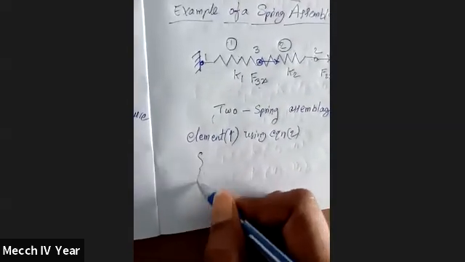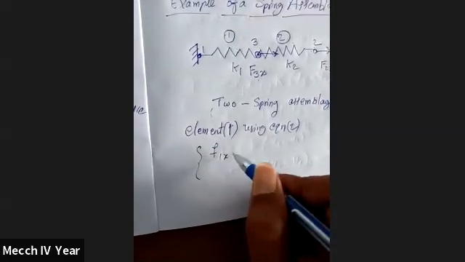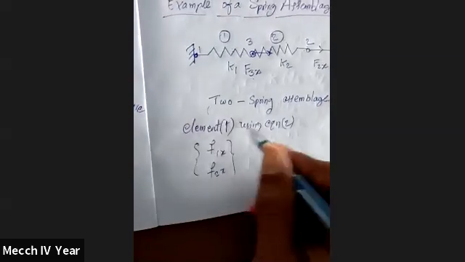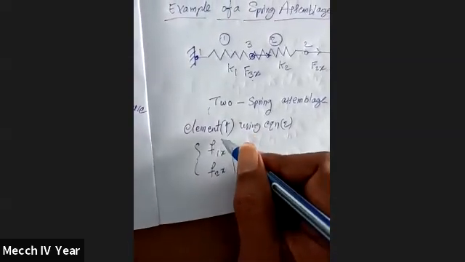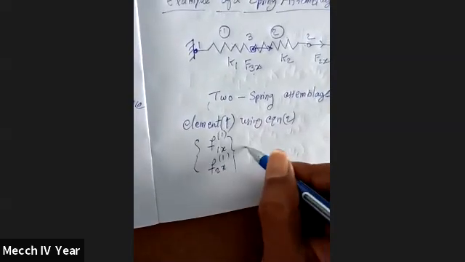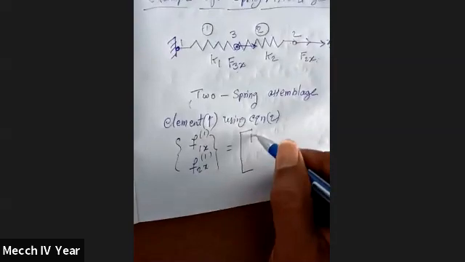Now I am going to take that equation f1x, f2x. What is the element here? 1. So we can put here 1, 1. That is equal to, the stiffness is here k.